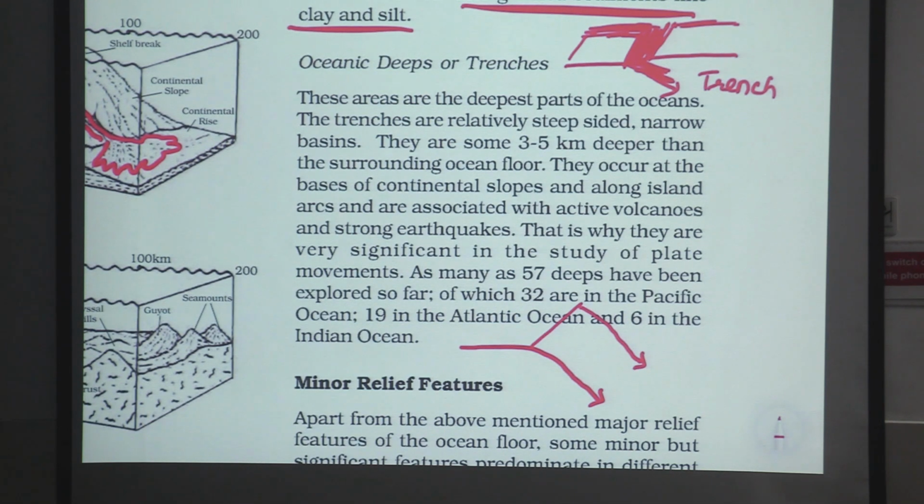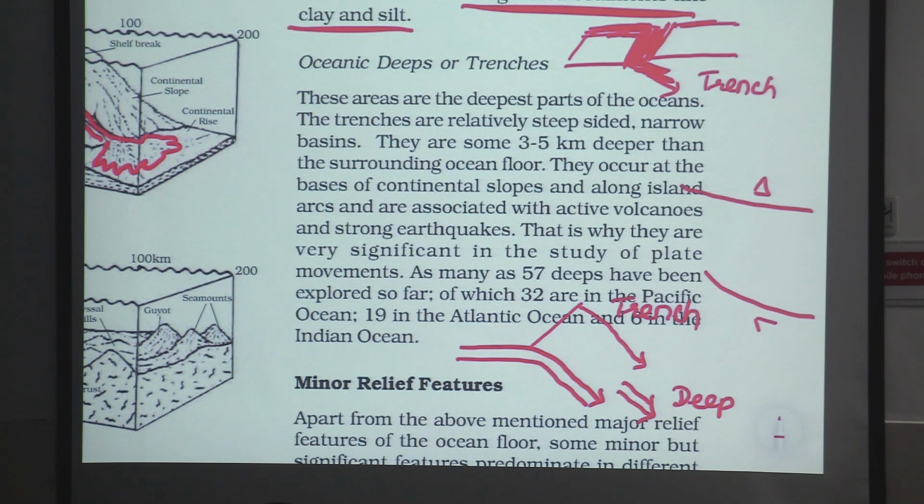But which is the part of trench, subduction, where you have reached the deepest point? That will be called deep. So this is trench and this is deep. Like this will be my mountain and this will be my peak. Similarly, this will be my trench and this will be my deep.